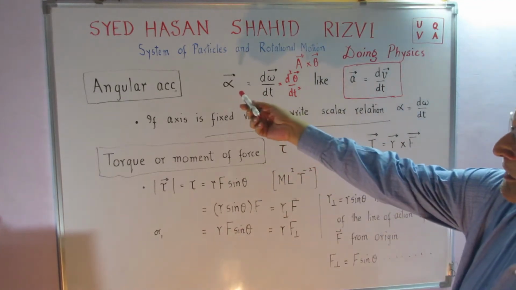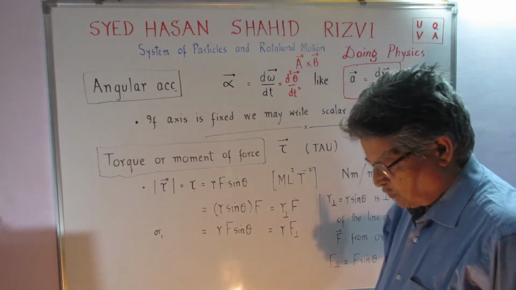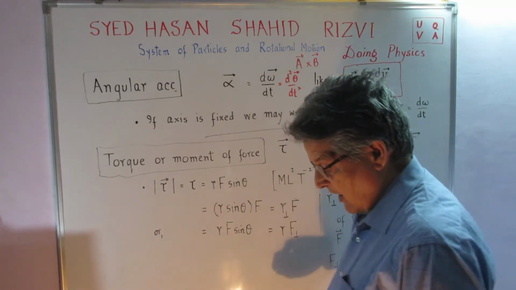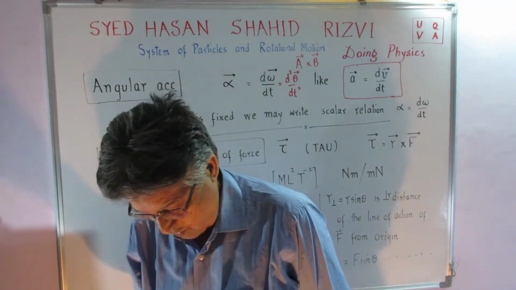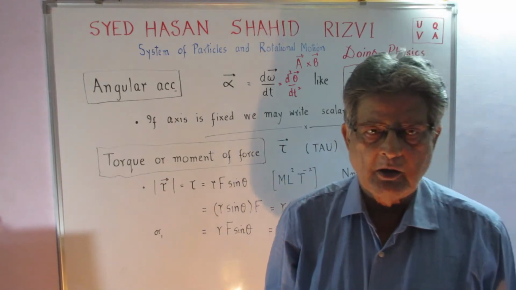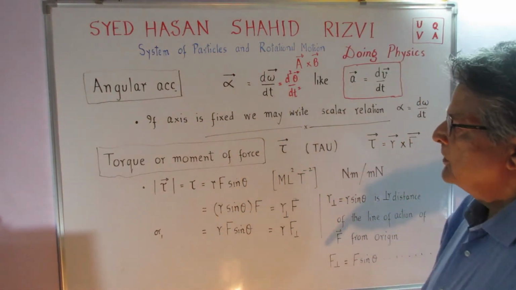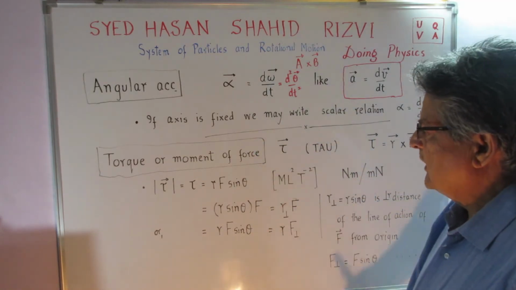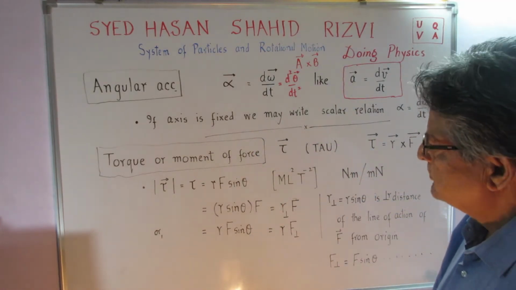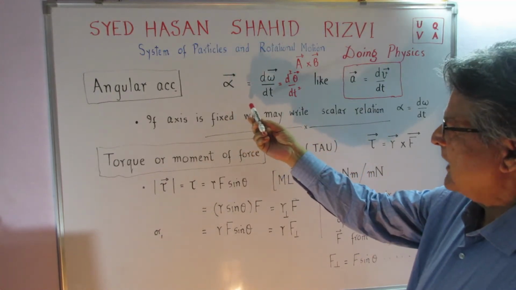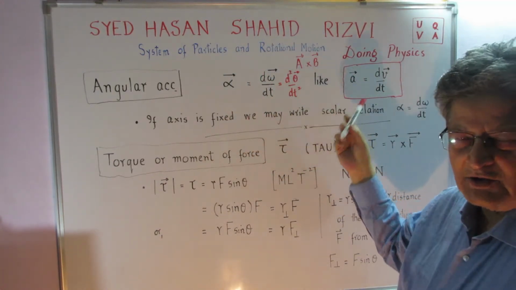Because this is a general thing, if I write omega as omega x i cap plus omega y j cap plus omega z k cap, etc., in the system of coordinates that we have chosen, then I can write alpha is equal to alpha x i plus and so on.